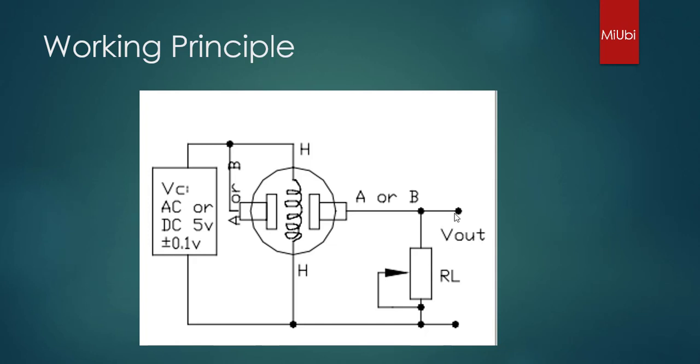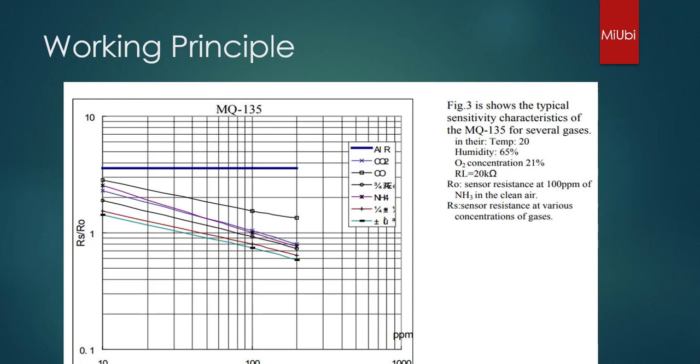You are trying to measure the voltage output across the load resistance, and you want to categorize, based on the change in the resistance, what kind of gas has been detected. For example, in this graph, if the gas is CO2, which is shown here with the cross mark, the curve followed is this. So you will have a drop in the resistance like this with respect to R0.